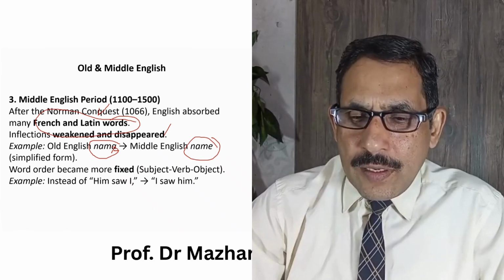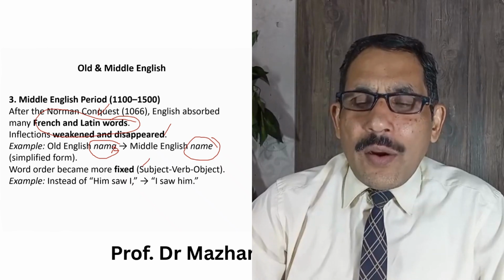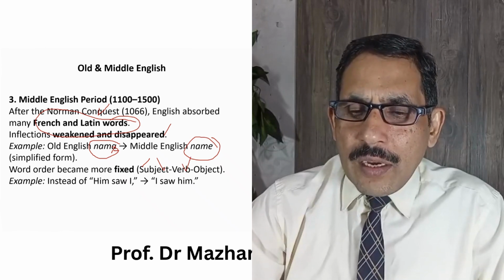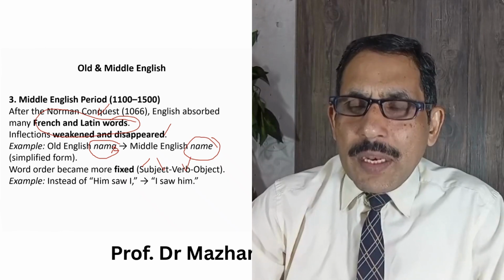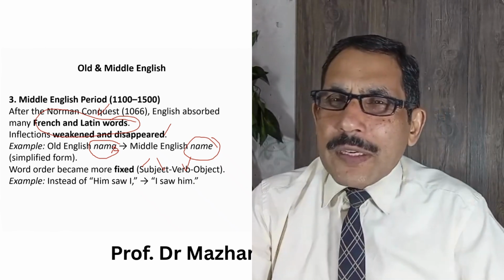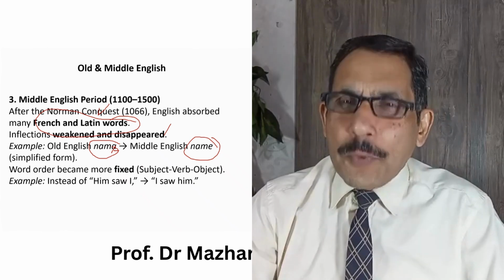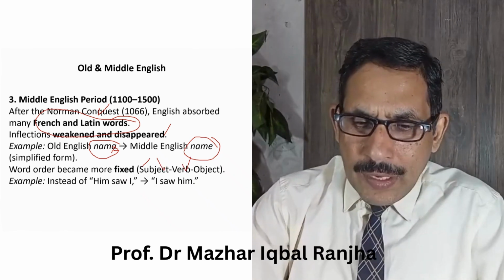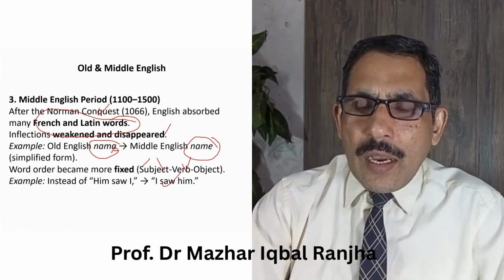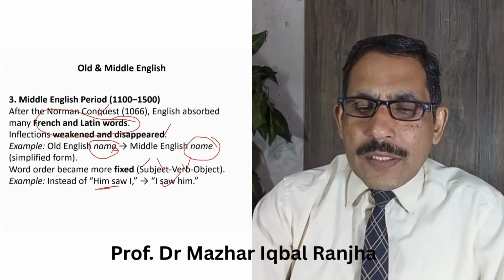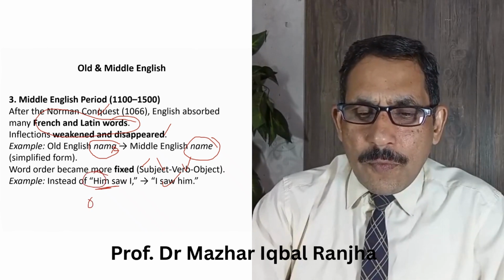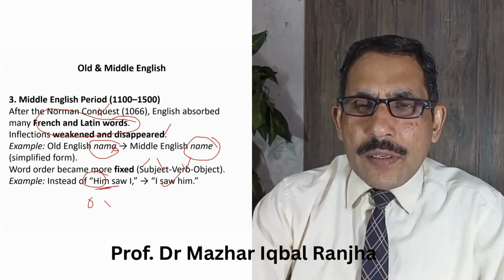Word order was fixed. Subject, verb, and object. Now that is being used. Earlier, it was freer. People used different structures, but now it was fixed. For example, 'I saw him.' Earlier it was used 'him saw I.' So earlier it was object, verb, and subject.